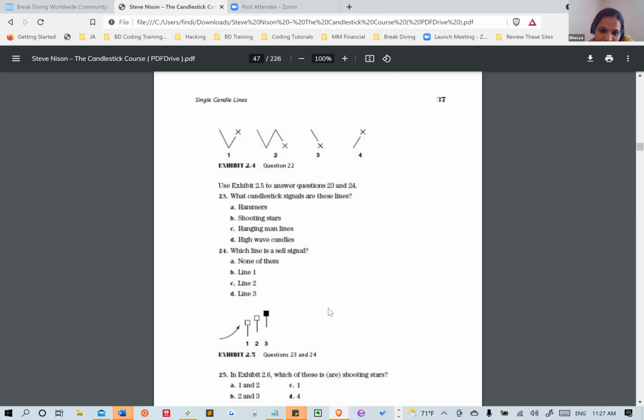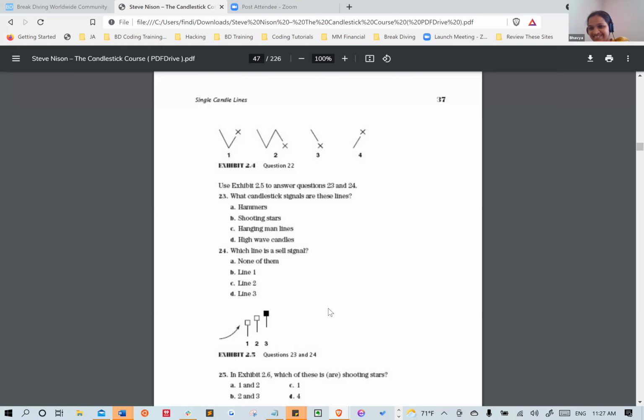Which line is a sell signal? None of them. Line 1. I think line 3, because it's more confirmation since it's a black body. But, or maybe, no, we should wait. None of them. We have to wait for the next session, because spinning top means indecision, right? Right.